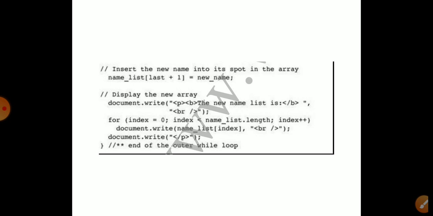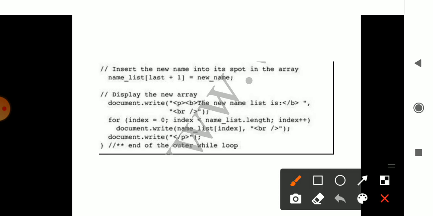So name list last plus 1 inserts the new name into the spot in the array, the particular area where I want to put it. So what I will do is new name list last plus 1, last element plus 1 it will be considering and it will be adding the element there.